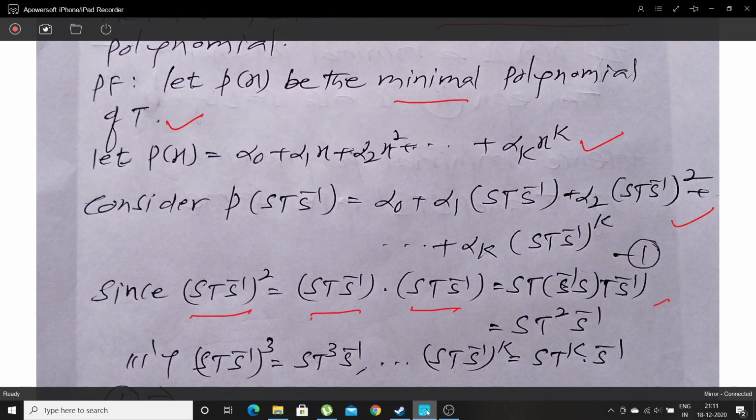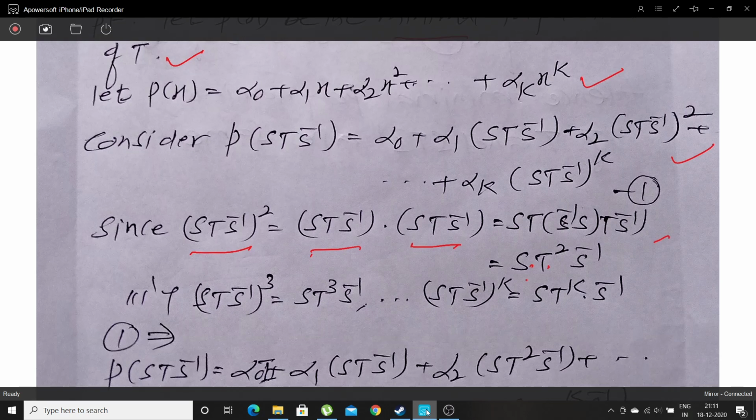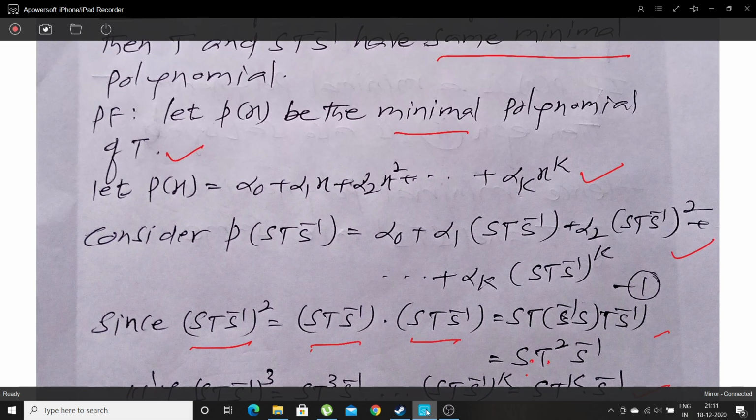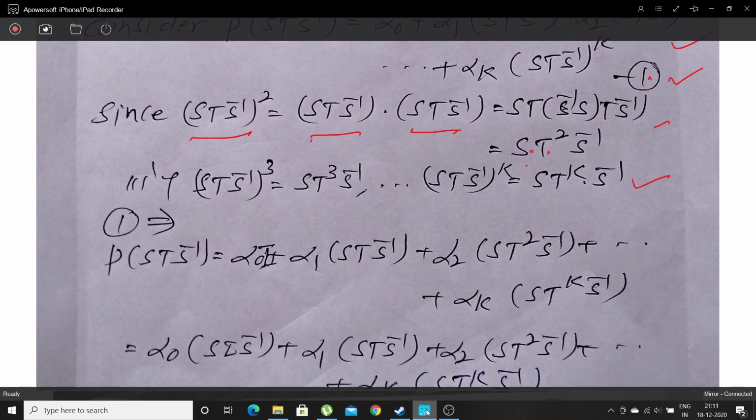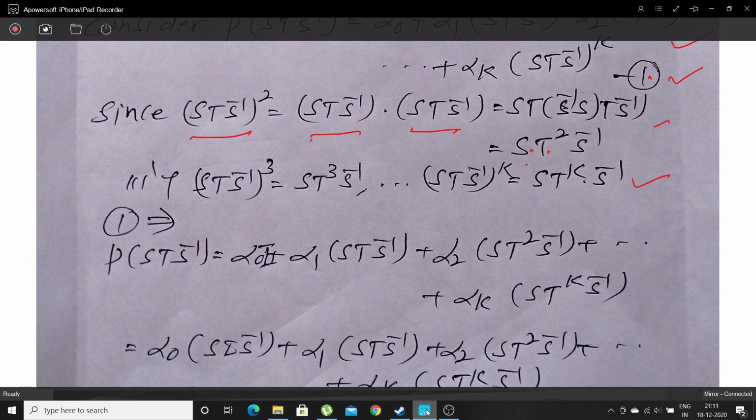Grouping, we get S dot T squared S inverse. In general, STS inverse to the power K can be written as S T to the power K S inverse. Therefore, equation 1 can be rewritten like this, P of STS inverse.